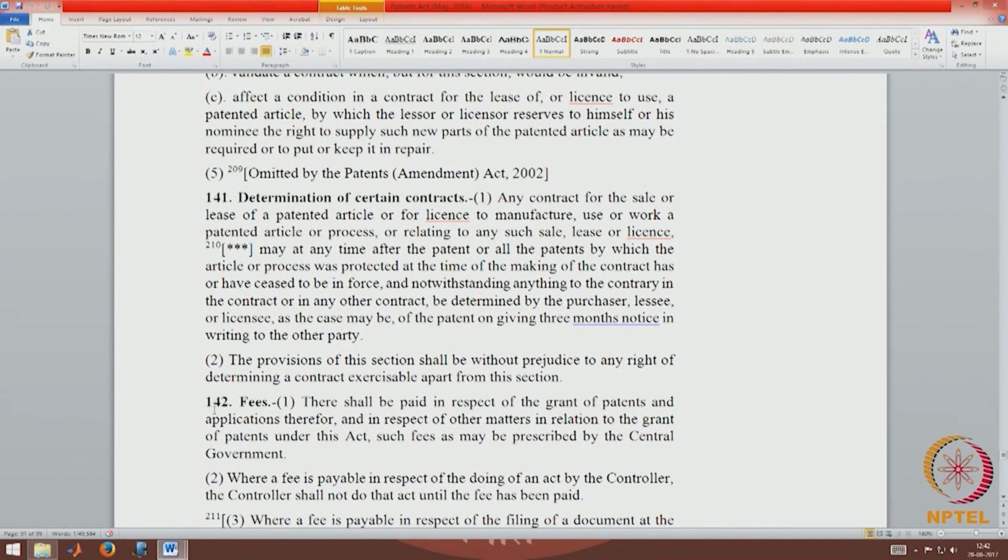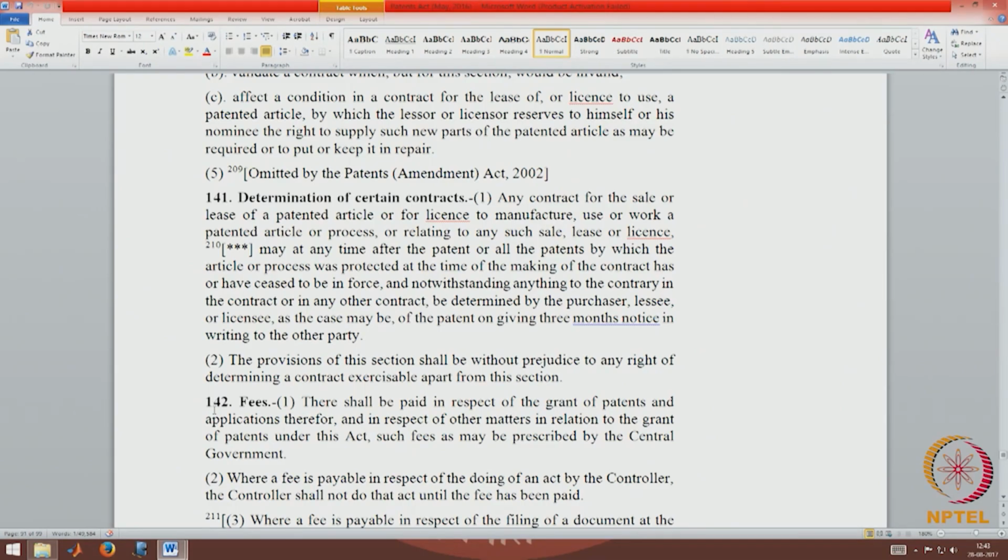Now, this simply says that if you undertake a license of a patent, when the patent expires, you can give 3 months notice to the other party, the patentee, and terminate the contract, because the contract survives based on the patent.